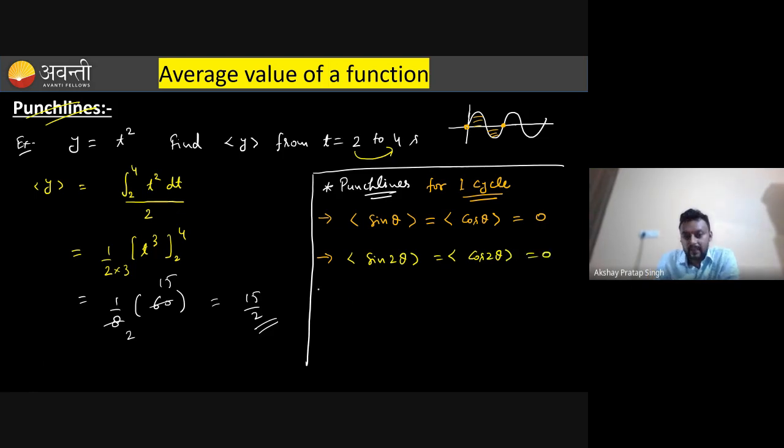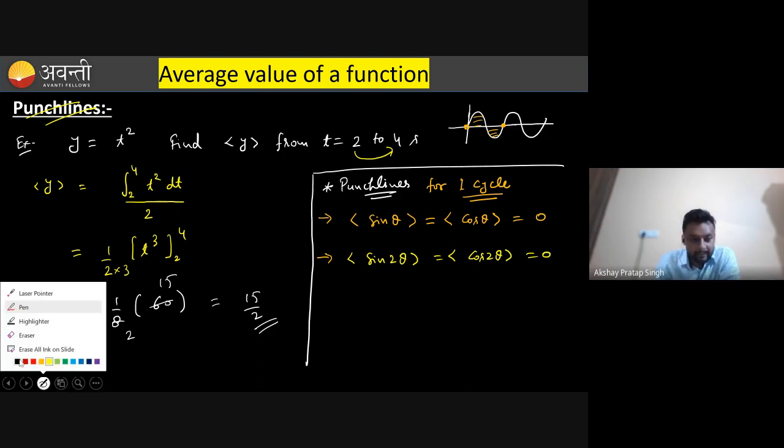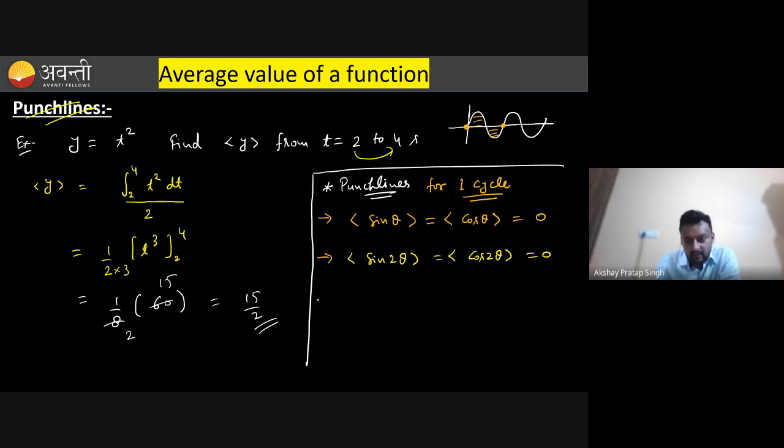Mark my words. Now another punchline I will say: the average value of sine square theta and the average value of cos square theta is 1 by 2. I am writing these values for one complete cycle.